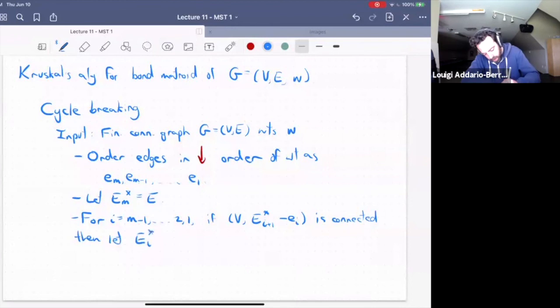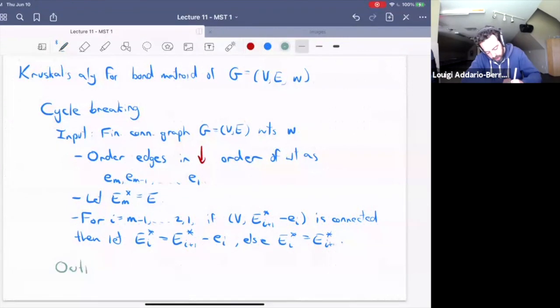So we set E_i star to be E_{i+1} star minus E_i, and otherwise we don't remove it. So we set E_i star to just be E_{i+1} star. So we're greedily removing edges, and then we output the graph with edge set E_1.